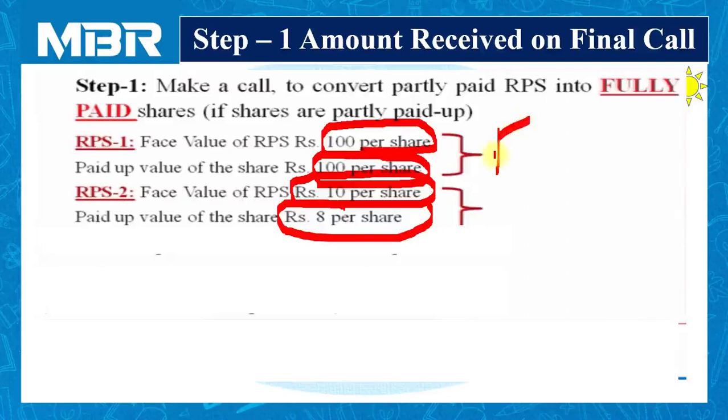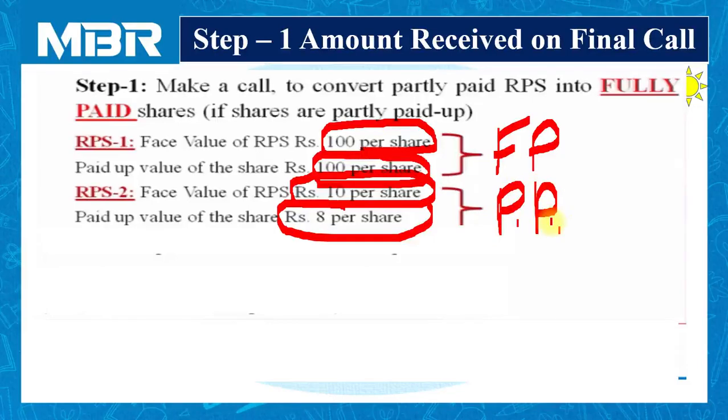These shares are fully paid because face value is 100 and paid up value is also 100. But the second type of RPS is partly paid up. Why is it partly paid up? Because face value is rupees 10 and paid up value is rupees 8.